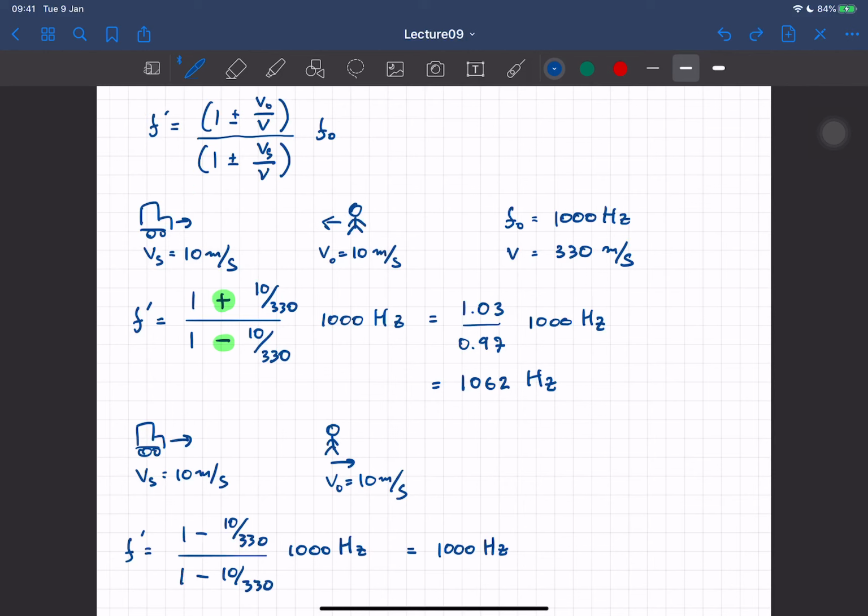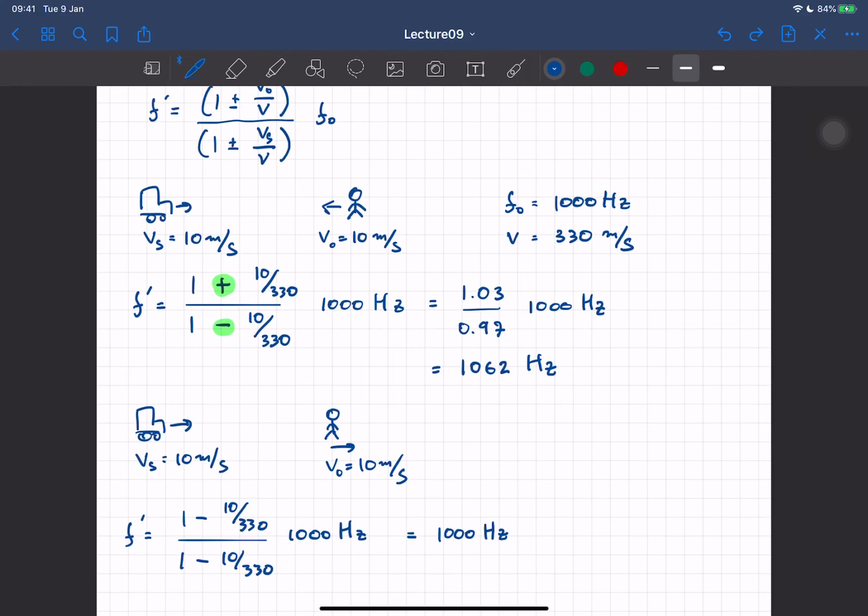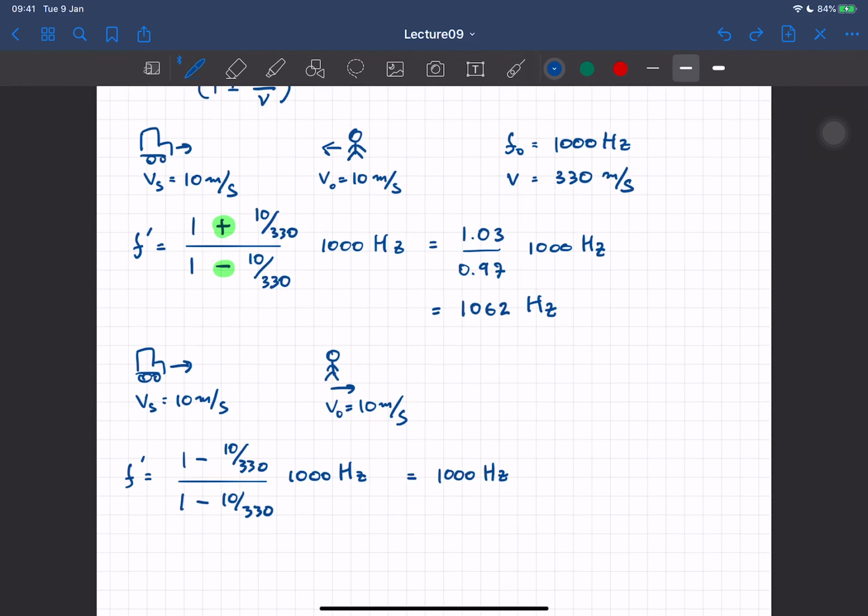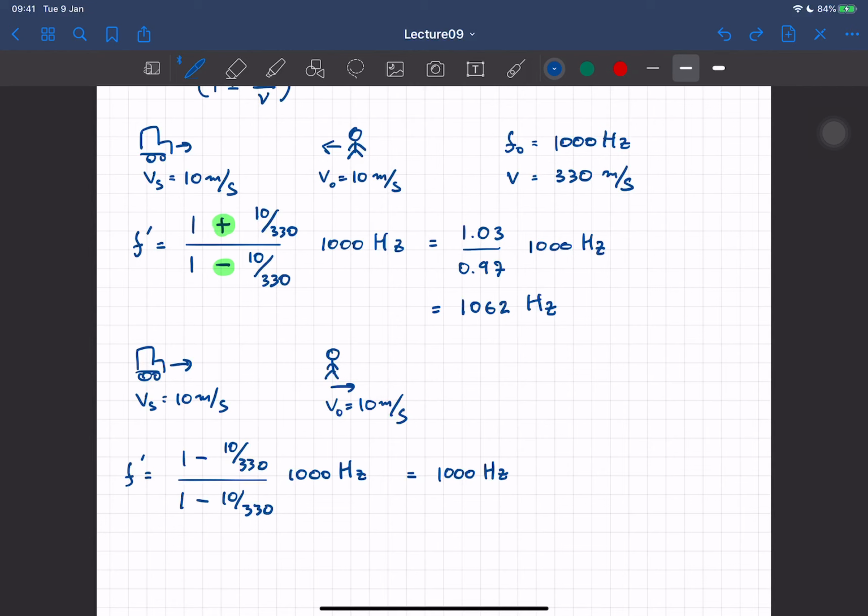Again, that's the most important thing here, right? So if you're confused, then slow down and think about what sign you should choose to make the frequency go in the correct direction, whether to increase or to decrease it. Okay.